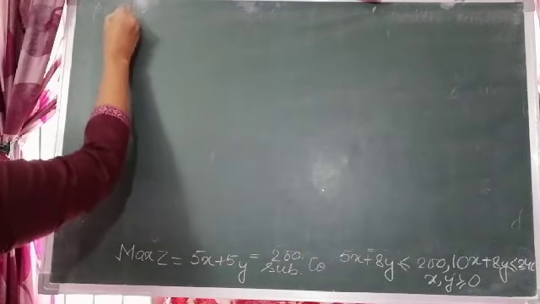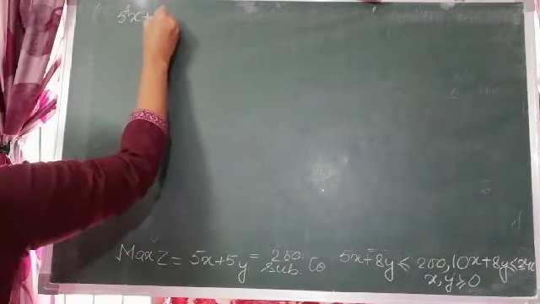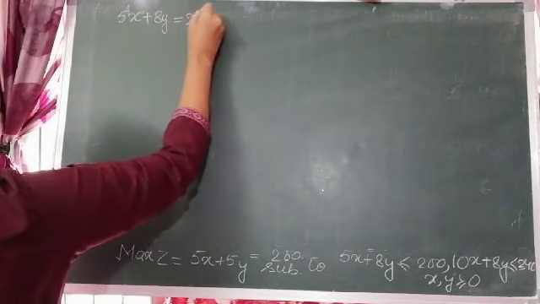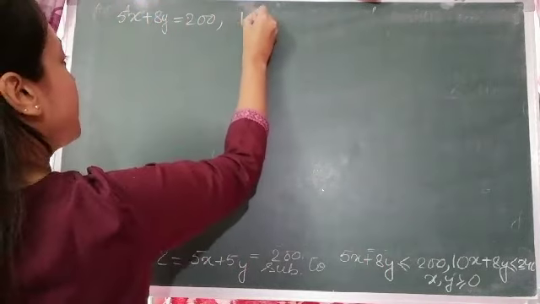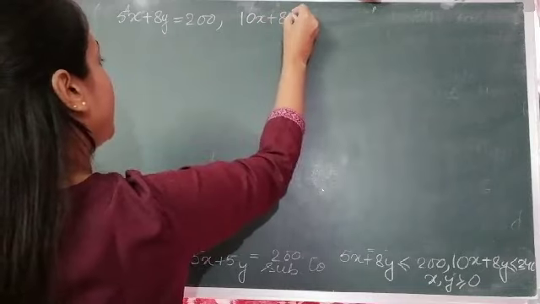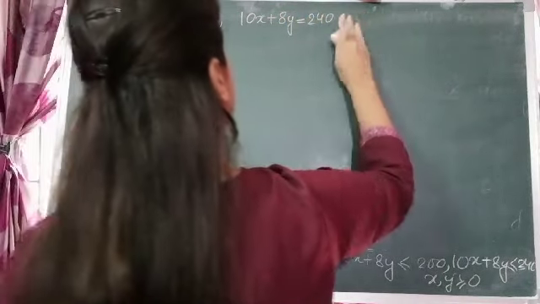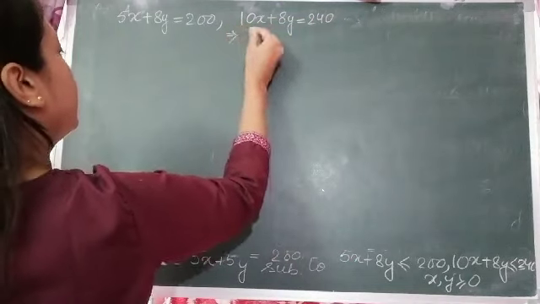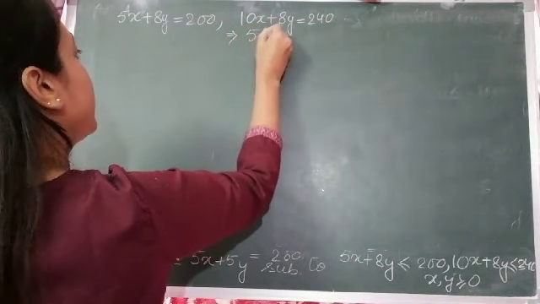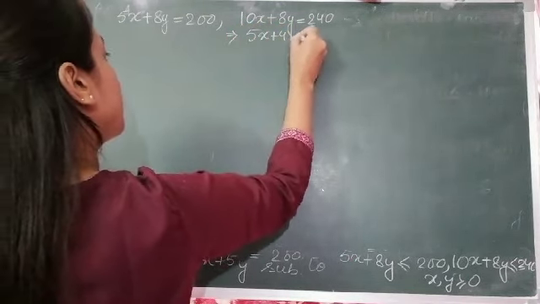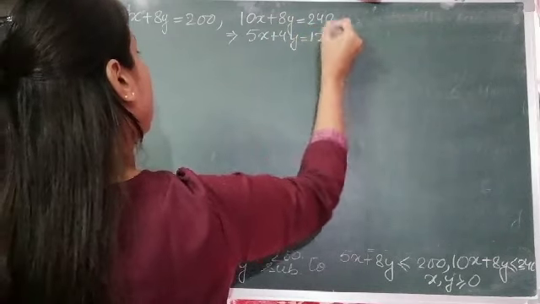The first equation is 5x plus 8y equals 200. Next is 10x plus 8y equals 240, which can be reduced to its simplest form and written as 5x plus 4y equals 120, right?